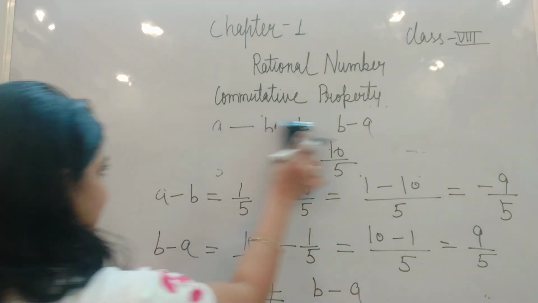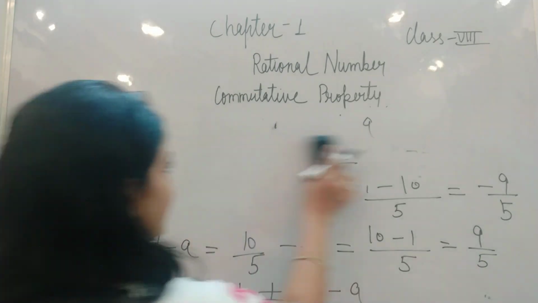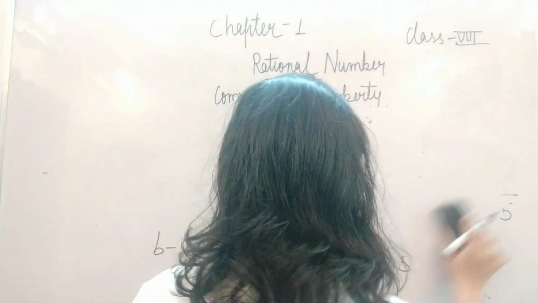Now we will discuss the commutative property of multiplication for rational numbers.